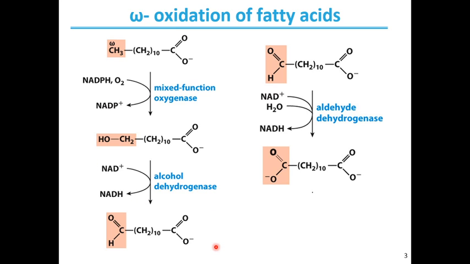The product aldehyde is then acted upon by another enzyme, aldehyde dehydrogenase, which converts this aldehyde functionality into a carboxylate. In this process, aldehyde dehydrogenase uses NAD+ as a cofactor and converts it to NADH. It uses a water molecule to introduce an extra oxygen onto this carboxylate molecule.